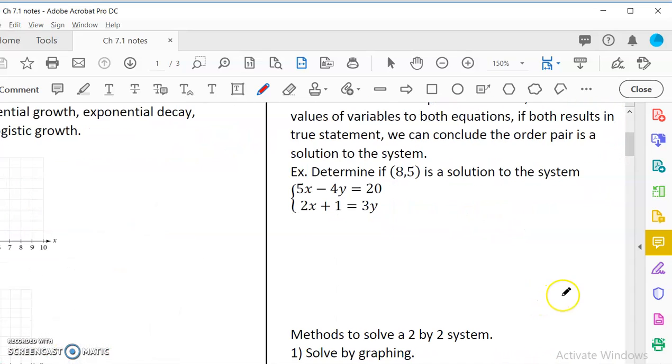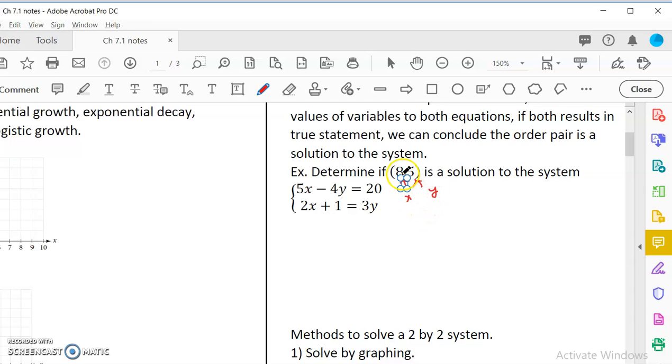So this is example 1. I want to check 8, 5. The way we write a solution to a system is we look at the variables. There are two variables, x and y, and x is before y in the alphabet, so the first number in the ordered pair is x and the second is y.